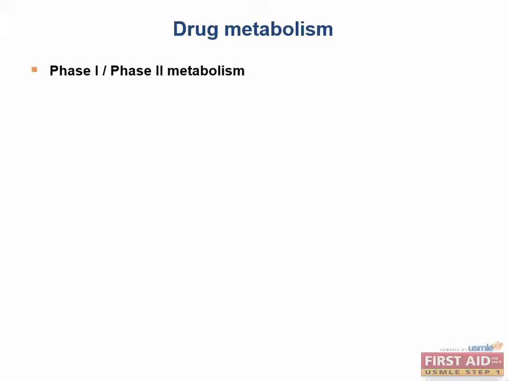The body increases the excretion of toxins and drugs by transforming them into a less lipid-soluble and more ionic particle. This is the basis of drug metabolism and occurs primarily in the liver. There are two types of drug metabolism that the boards are going to cover. It's going to be phase 1 and phase 2 metabolism. Phase 1 metabolism consists primarily of reduction, oxidation, and hydrolysis reactions.